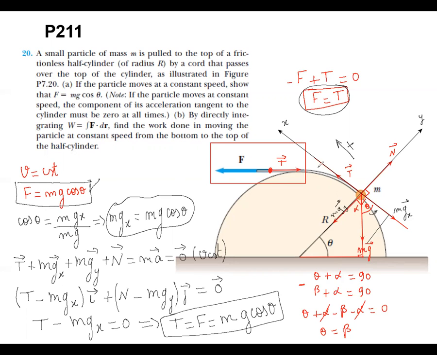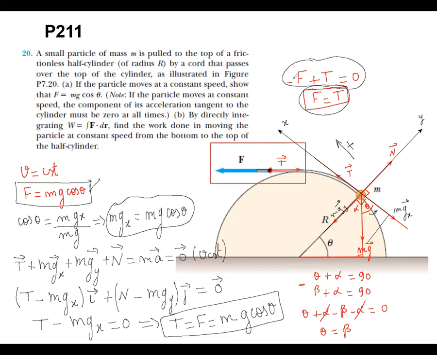Because the cord is massless and we don't have any interaction, we must have the same T on the cord. And as we said, by applying Newton's law at this point, we have T to the right and F to the left.